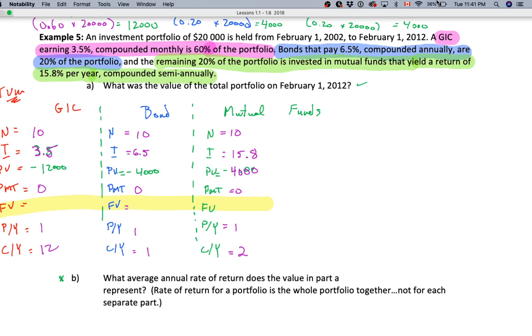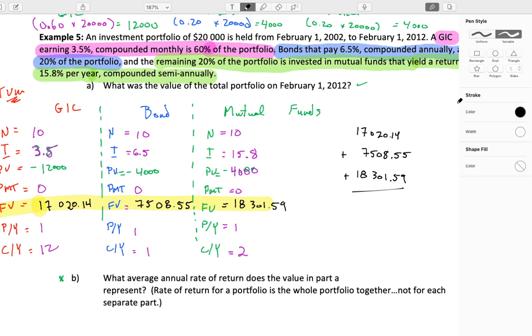I have all the variables plugged in, and now for each category, I'm going to calculate my future amount. So I'm going to be using the TVM solver 3 separate times. I calculate the 3 separate future values, and these are the results that I got. Feel free to press pause if any of these values don't match up.